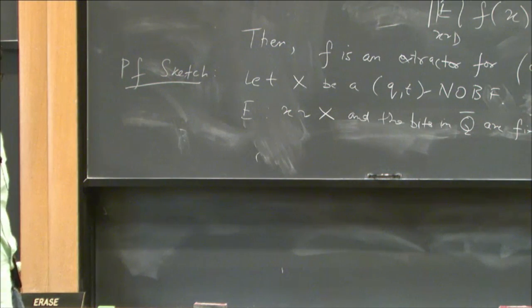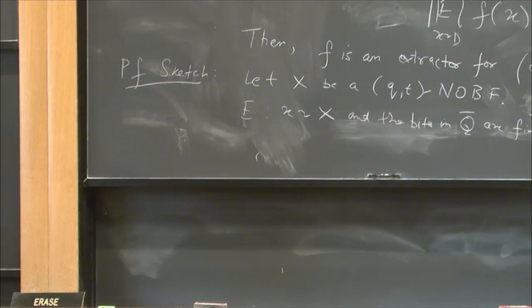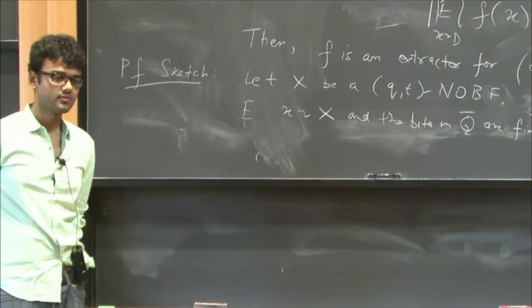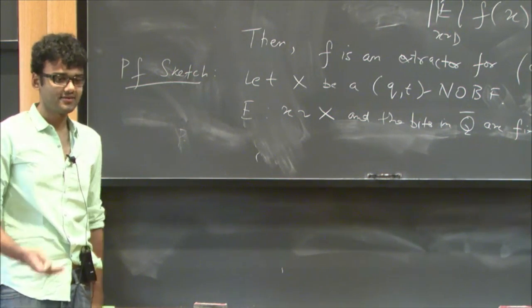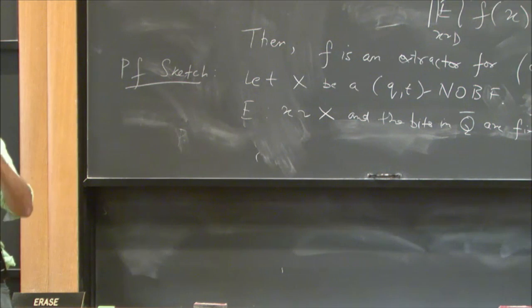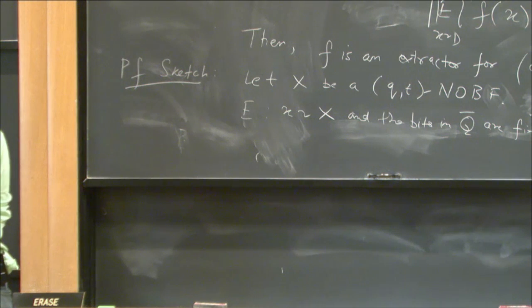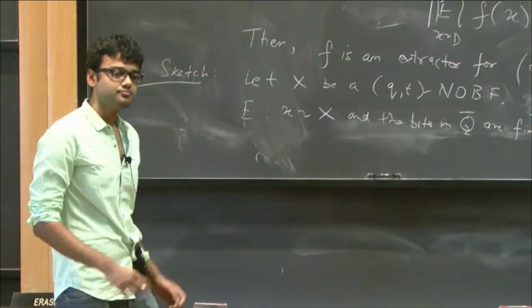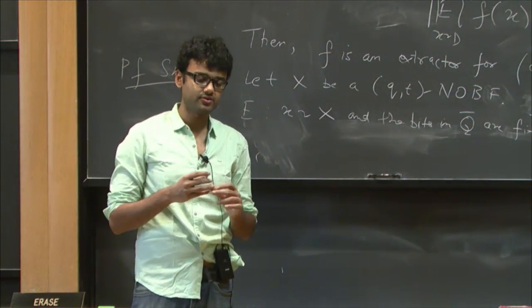All you're doing is saying that when you sample x, if the assignment to q bar fixes the function, then you don't care about the bits outside. It's fixed already. Otherwise, it has equal probability of being 1 or 0, up to epsilon 2. That's what you care about, because the probability of not being fixed is at most epsilon 1.